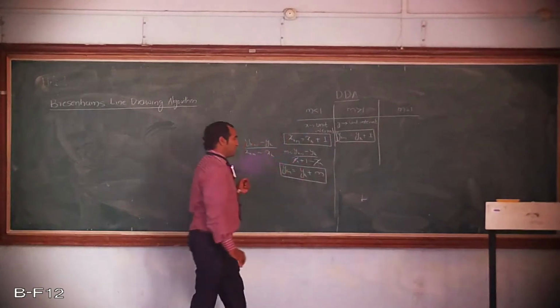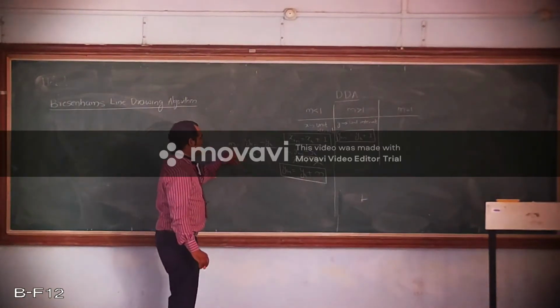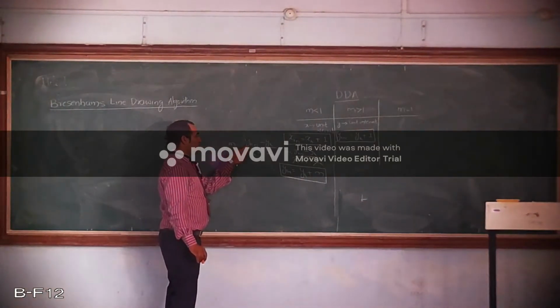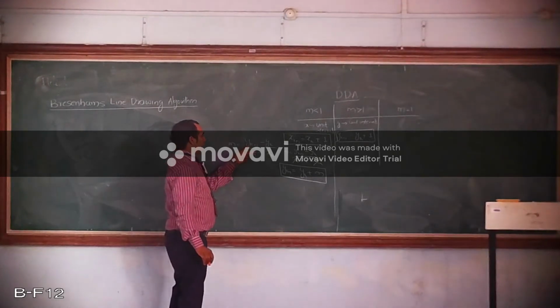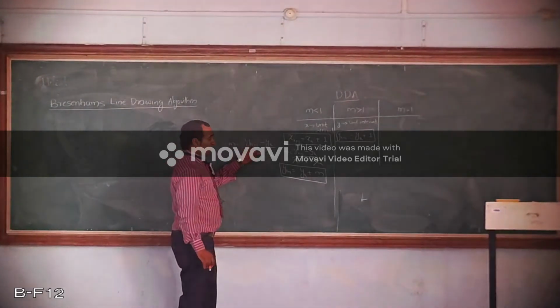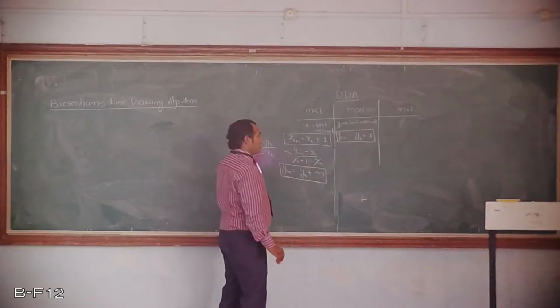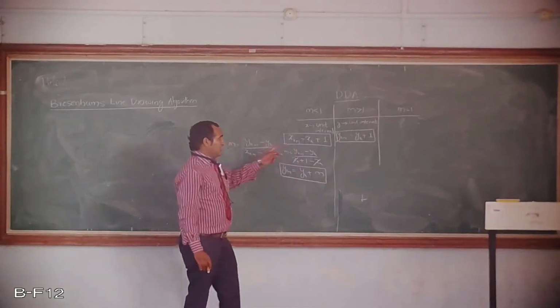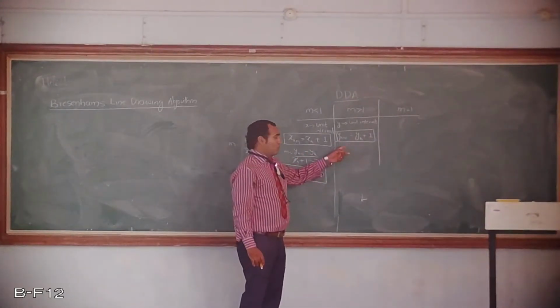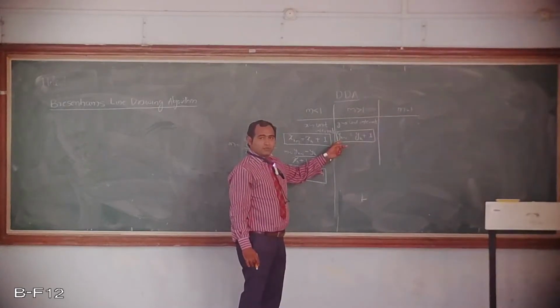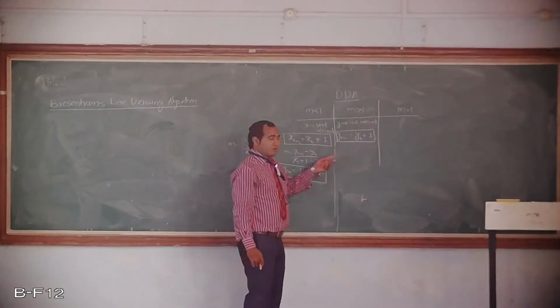In the same formula of m, if you substitute yk plus 1 as yk plus 1 and simplify, we are going to get the new x coordinate. Only the y coordinate moves in unit intervals; the x coordinate should be determined.